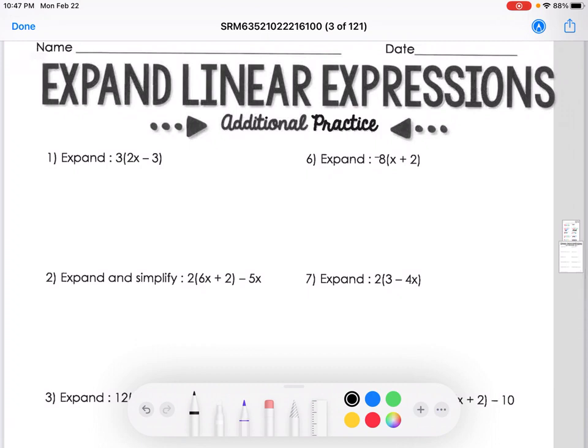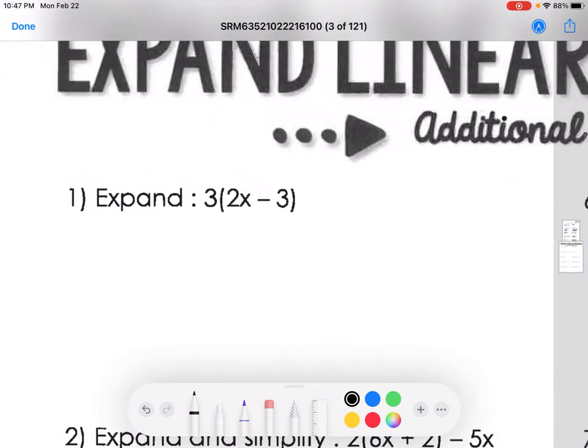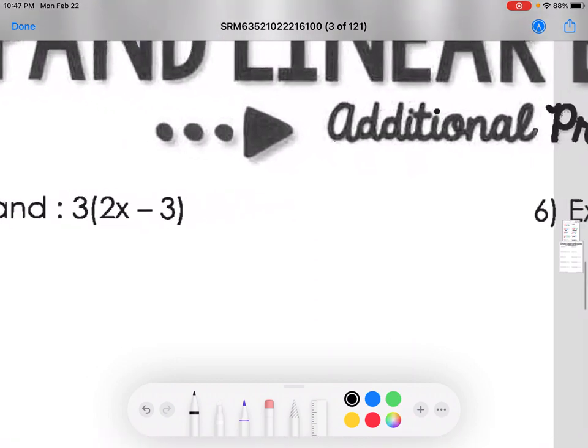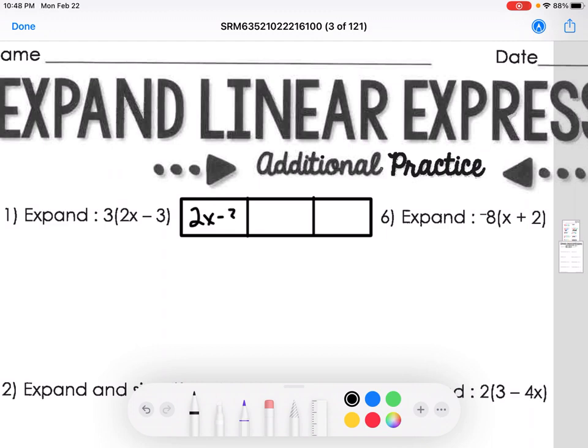Okay, and then a quick review on expanding using the distributive property. So distributive property just means that I have 3 groups of 2x minus 3. So if you think back to when we were working with tape diagrams, that means that I have 3 equal groups, and each group would be labeled 2x minus 3.